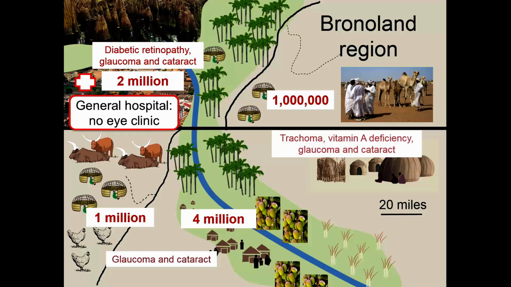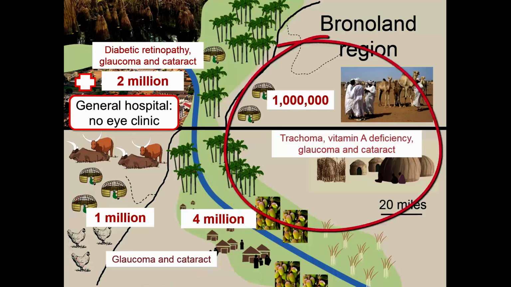So diabetic retinopathy you'd probably only find or primarily find in an urban component of a population-based survey. In these areas here, there was no diabetic retinopathy, and glaucoma and cataract were the most important causes of blindness. But over in this area here, there is also trachoma and vitamin A deficiency.